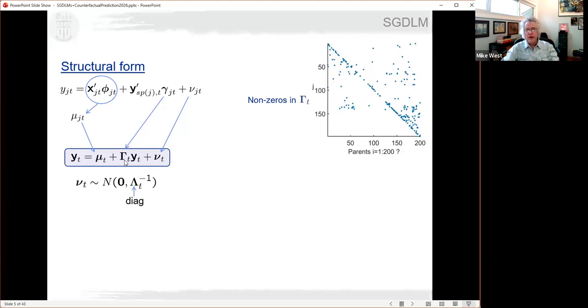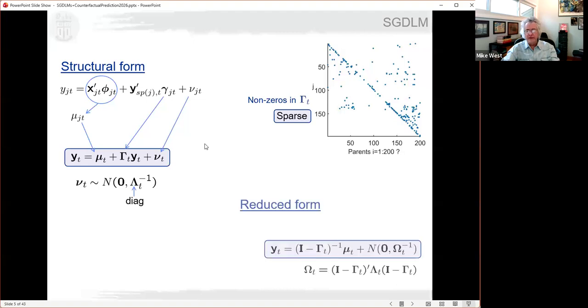So this is a big, square, sparse matrix with non-zero elements only corresponding to simultaneous relationships, and we use the term simultaneous parents for predictors. I'll give you another example on the next slide. Critically, this will be a sparse matrix. The third time I mentioned that. We're dealing with dynamic sparsity.